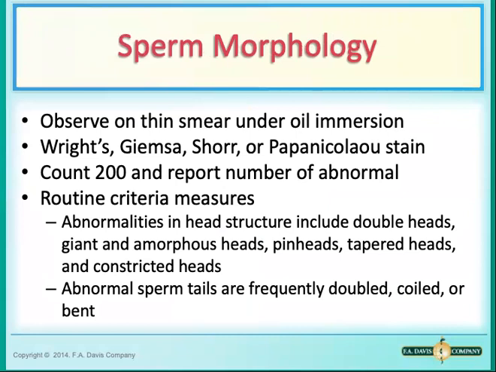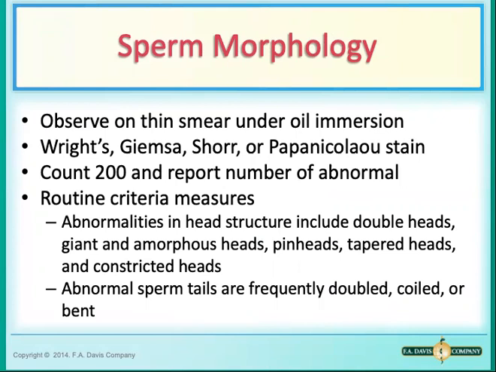Okay, so the morphology is evaluated in a smear. You can evaluate it in a stained sample under oil immersion. So how you'll make a smear is you'll take about 10 microliters of the specimen. You'll place it near the frosted end of a clean microscope slide.